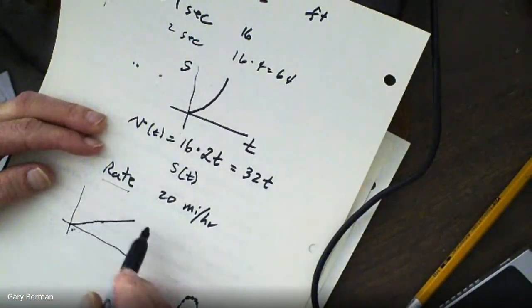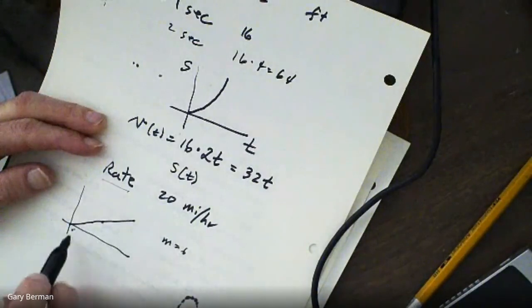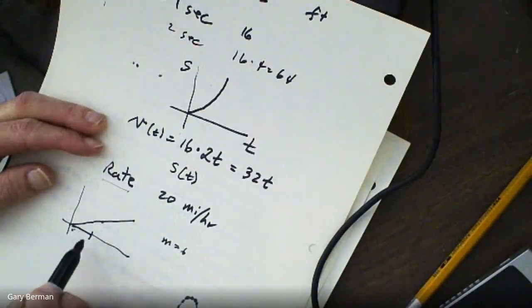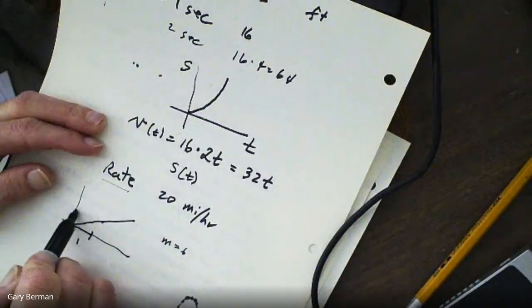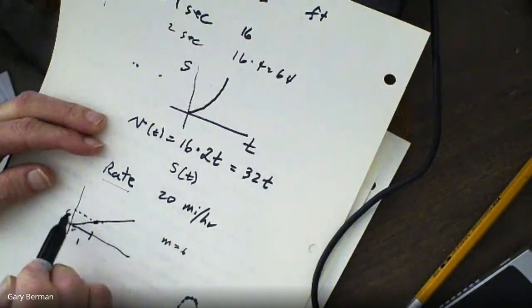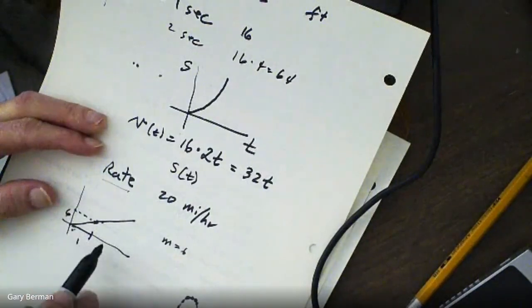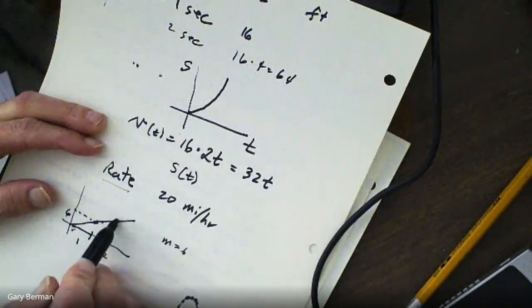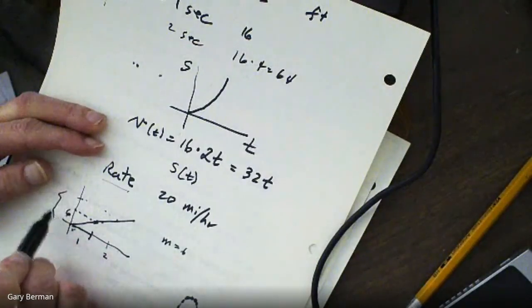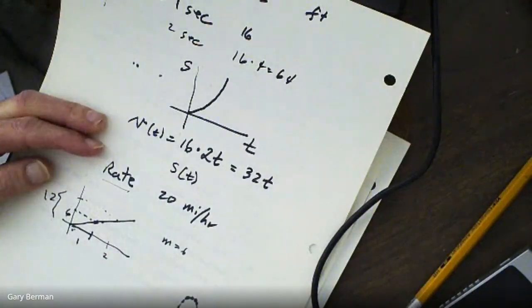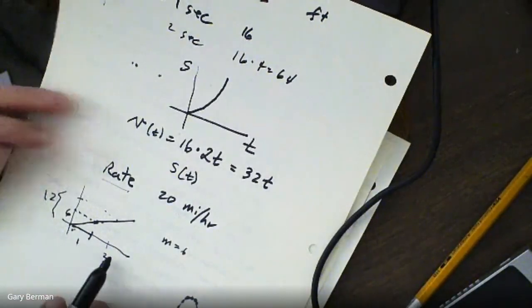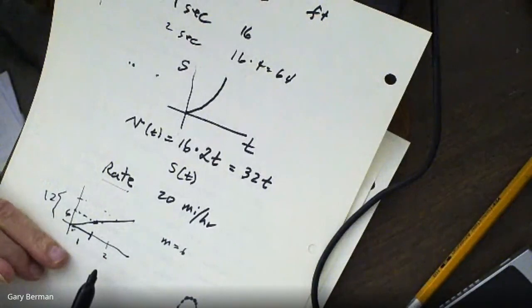If I tell you that the slope of a line is 6, that means for every 1 meter I walk in this direction, I will discover that I have gone up 6 meters in that direction. If I walk another meter, up to 2, I will now discover that I'm 12 meters up. If I ask you how fast am I going upward, the answer is 6 meters per second or whatever it is.